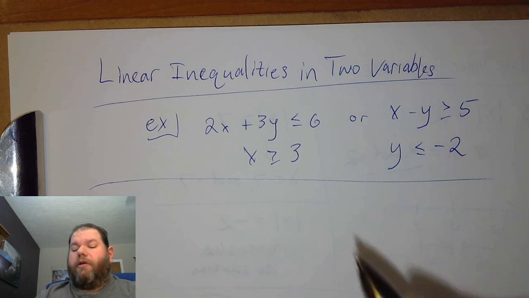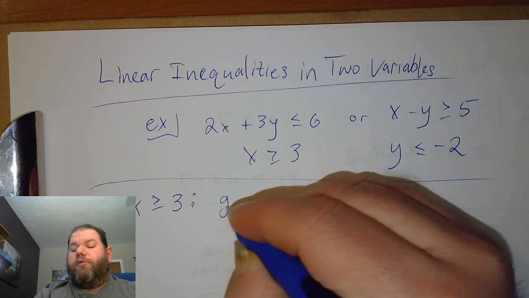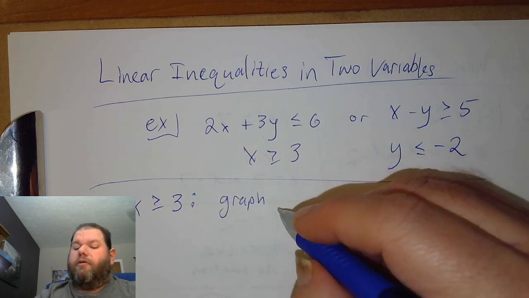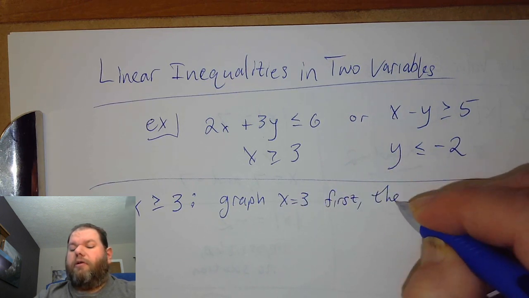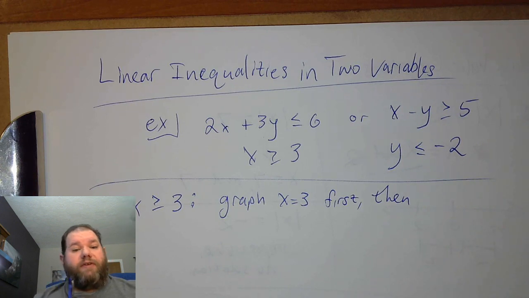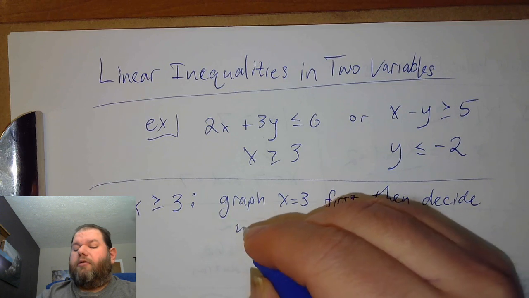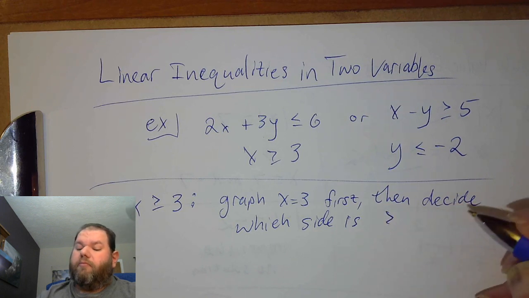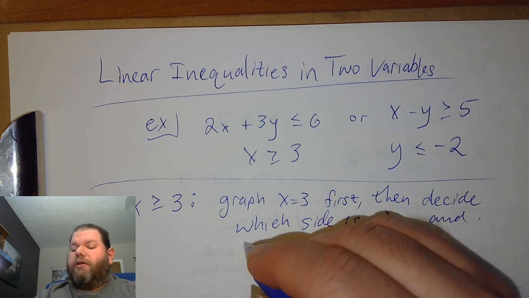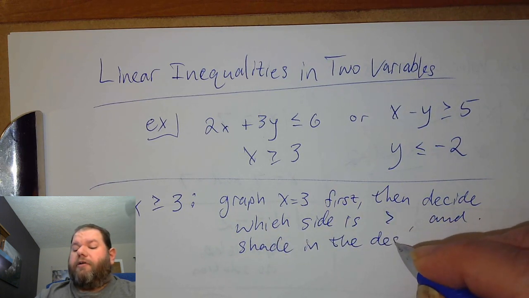So for x greater than or equal to 3, we would graph x equals 3 first, then decide which side of the graph represented x being greater than or equal to 3, and shade in the designated area.